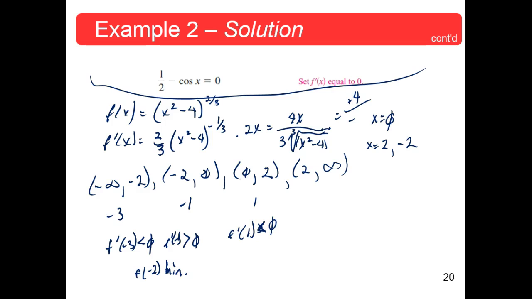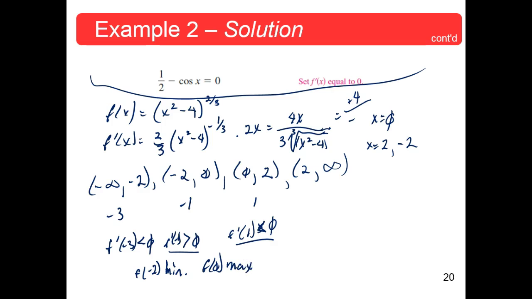So to the left of 0 the first derivative is positive, increasing, and to the right of 0 it's negative, decreasing. What does it make it at 0? To the left it was increasing, to the right it's decreasing. That's a max.